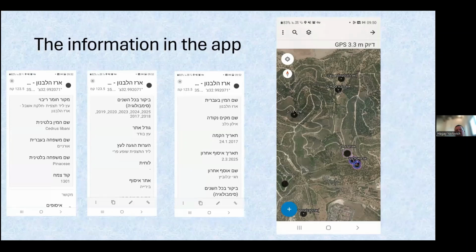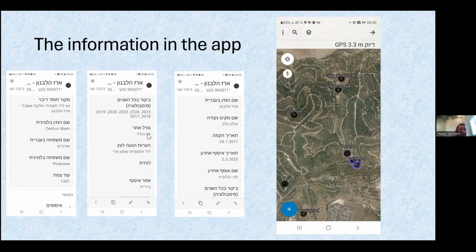Here is another picture of the application. This is just an example. I know it's all in Hebrew, so I hope you will believe me. But this is the name of the tree, who collected it, when was the first collection, the last collection, and all the years that the collection was made.